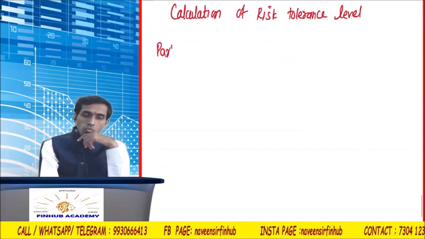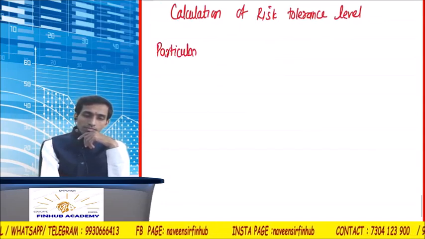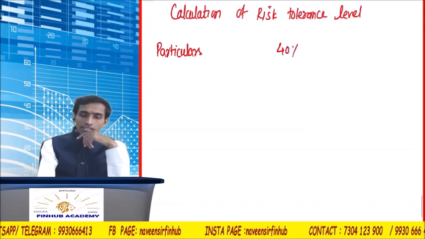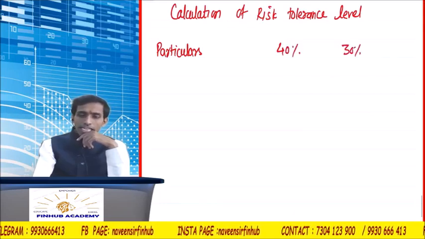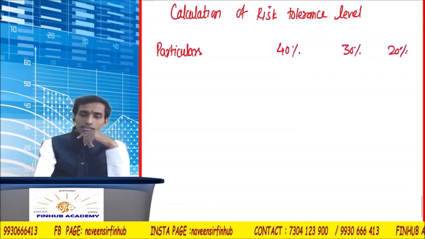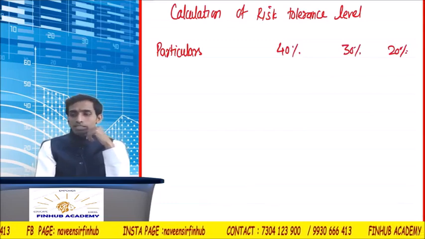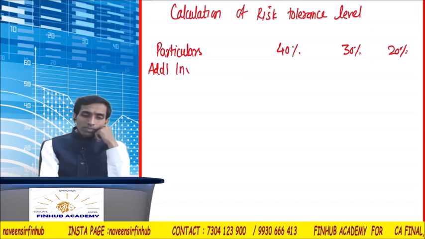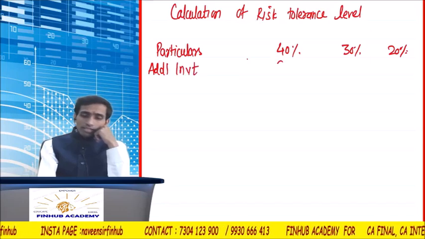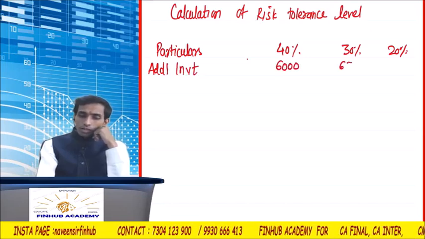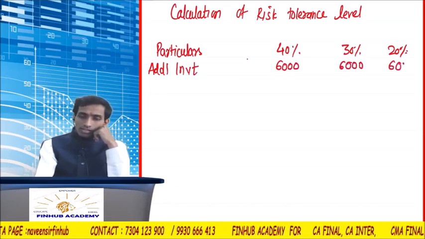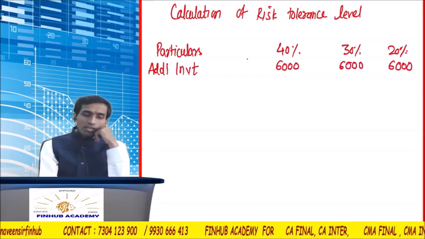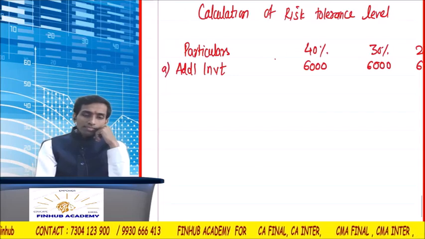Particulars: 40%, 30%, and 20%. Correct? Additional investment is 6,000, 6,000, 6,000. Let me give this number A.